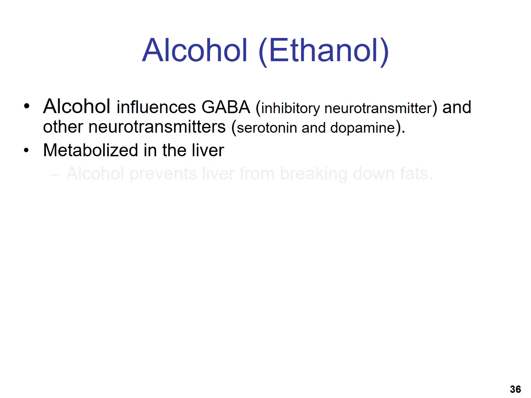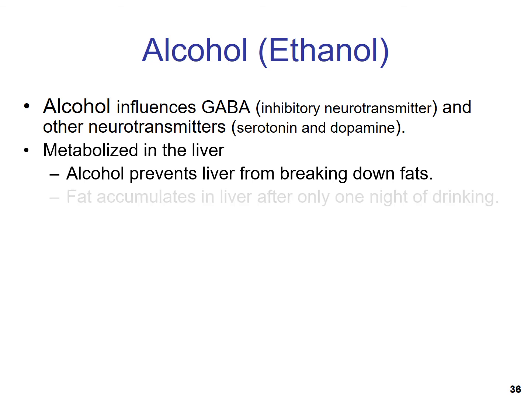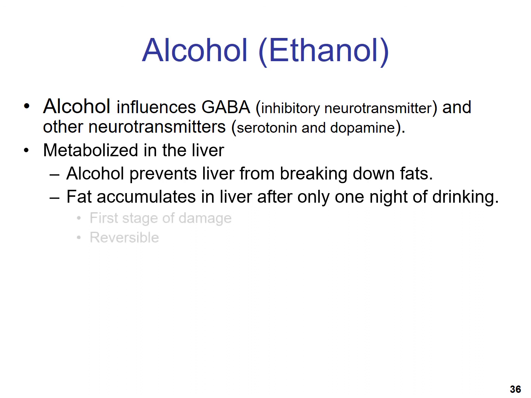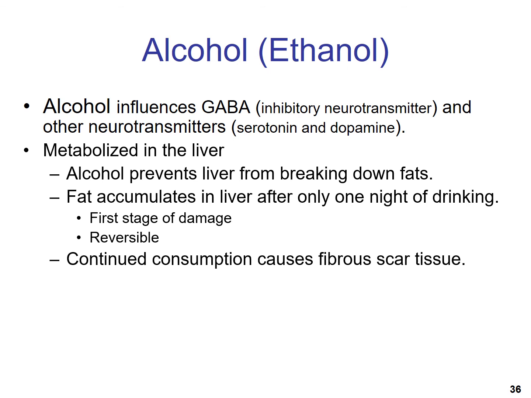Okay, alcohol gets metabolized in the liver, and this is where both short-term and long-term effects can be seen, because alcohol will prevent the liver from breaking down fats, and in fact fat will accumulate in the liver after only one night of drinking. This is your first stage of liver damage, and it's pretty easily reversible as long as you don't do this again.